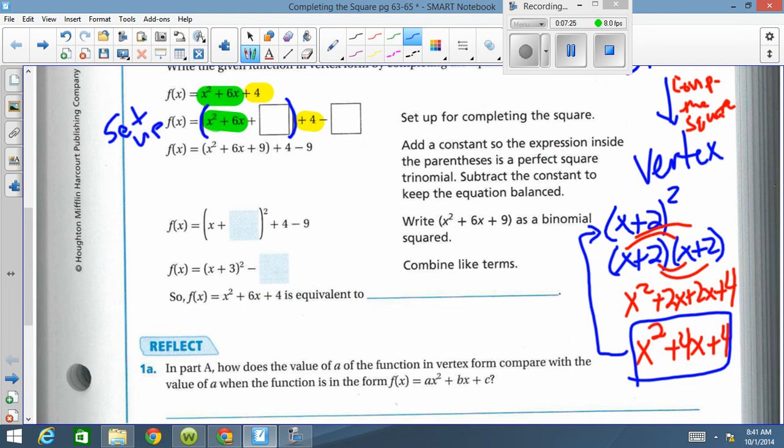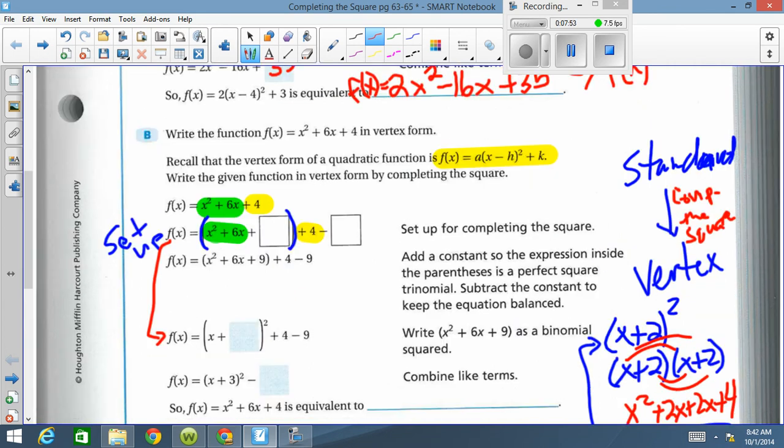So let me say that again. A perfect square trinomial is a product of something times itself. So what my goal is with completing the square is to create that situation, something times itself. Because we know that when we're in vertex form, this part here, the x minus h squared, I want to create that.